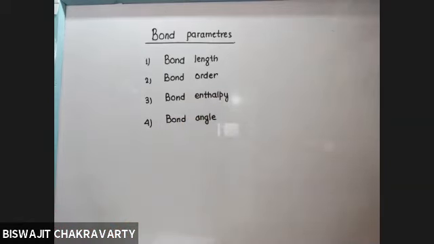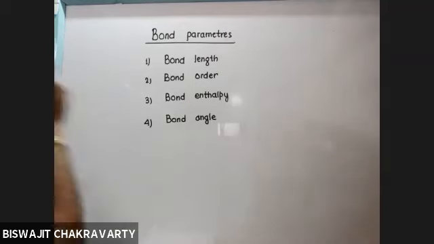So we need to understand these terms like bond length, bond order, bond enthalpy, and bond angle. These are referred to altogether as the bond parameters, with the help of which we can understand various important aspects regarding the bonds.